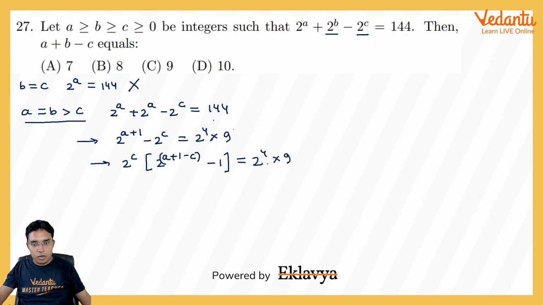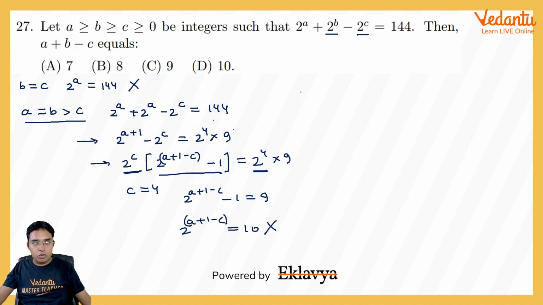So from this what we are getting is that c has to be 4, because this will be an odd number, and this is giving us a power of 2. So c will be 4 and 2 power a plus 1 minus c, minus 1 will be equal to 9. But this also seems to be wrong, because in this case we are getting 2 power some positive integer equal to 10, so this is also not possible.